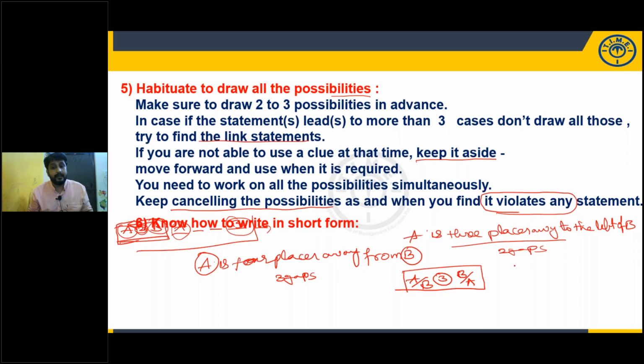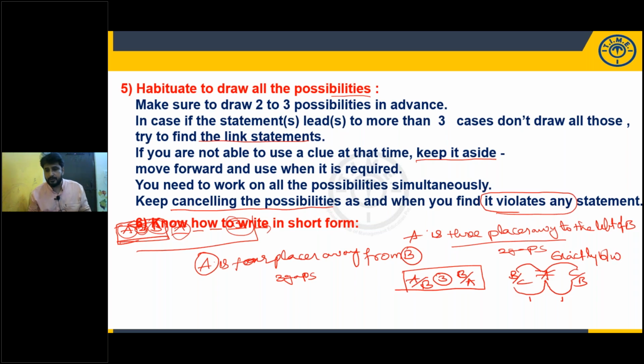And if it is given A is exactly between B and C, write A, B or C, C or B. It means the number of gaps from this position to this position is the same as the number of gaps from this position to this position. If it is 1, it has to be 1 because the technical term is given exactly between.